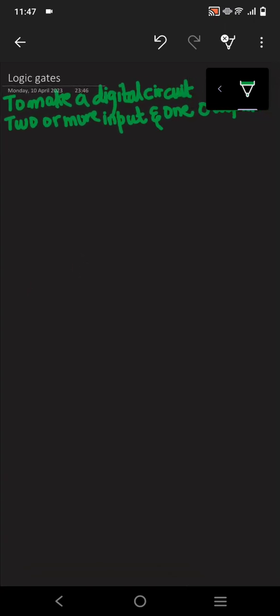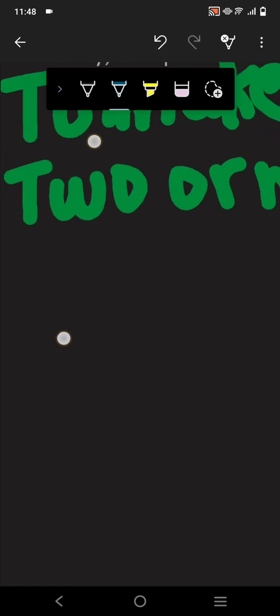So now here we are going to discuss what a truth table is, and we're going to make that as well. It is a set of input and output in binary numbers. We will prove that as well.